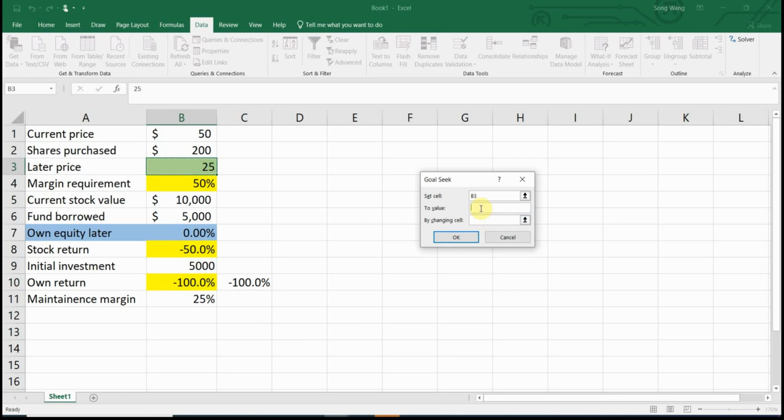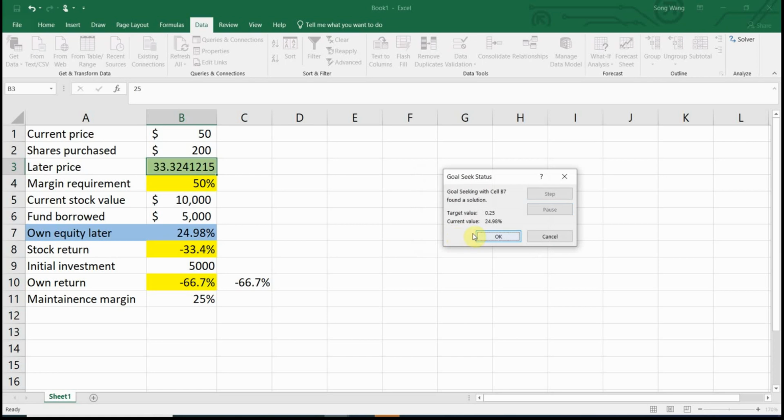I'm going to put a value of 0.25, and I want to set this number, your own equity, to be 0.25 by changing the later price. This is how we do it. Upon clicking OK, Excel will automatically perform the calculation for me.